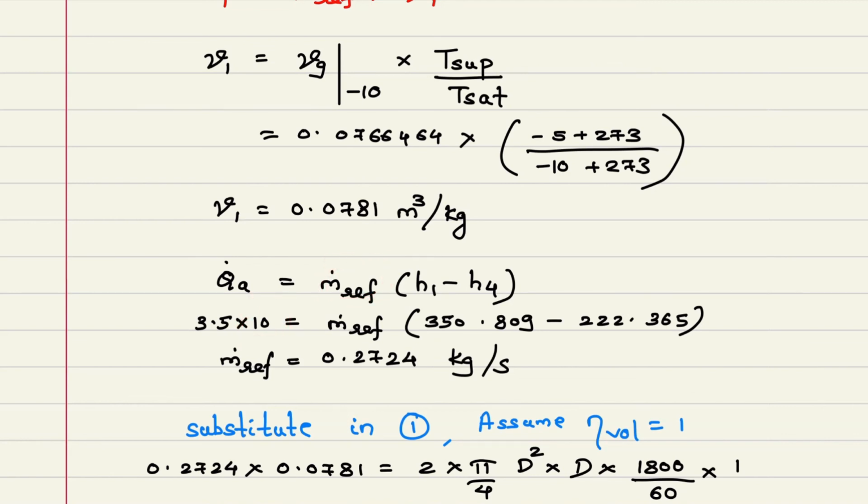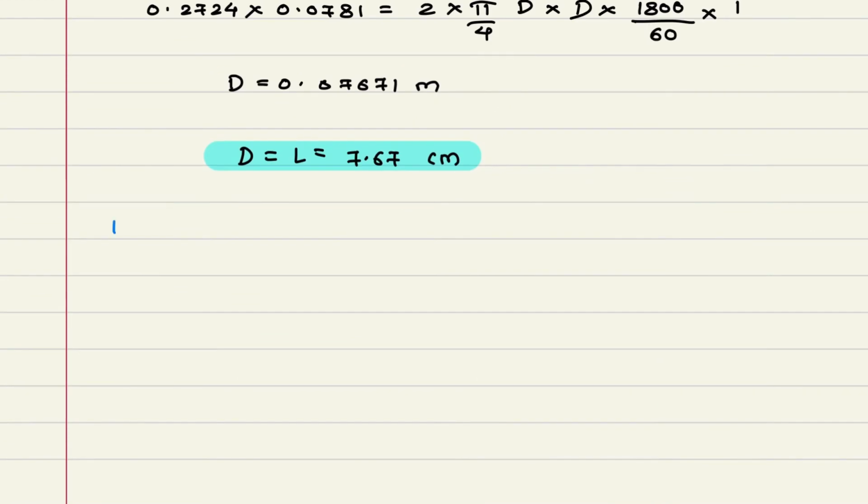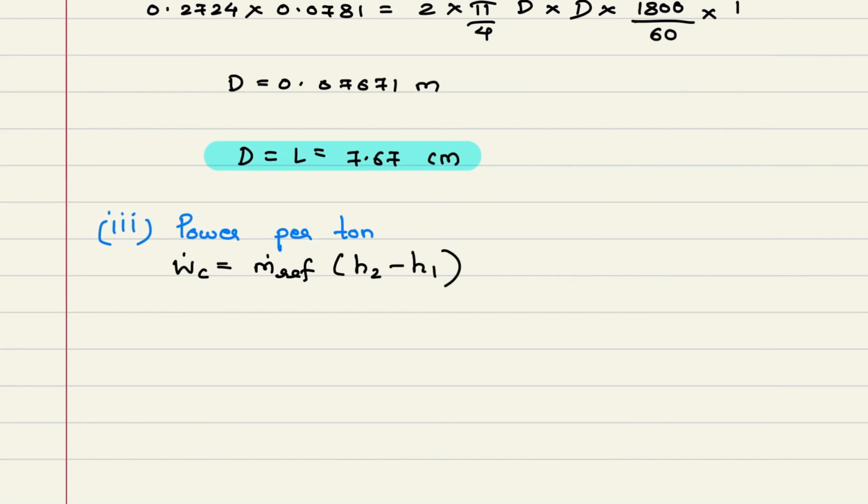So I'll write down the next question, power per ton, which is W dot C equal to mass flow rate of refrigerant into H2 minus H1 divided by the total tons TR given in the question.